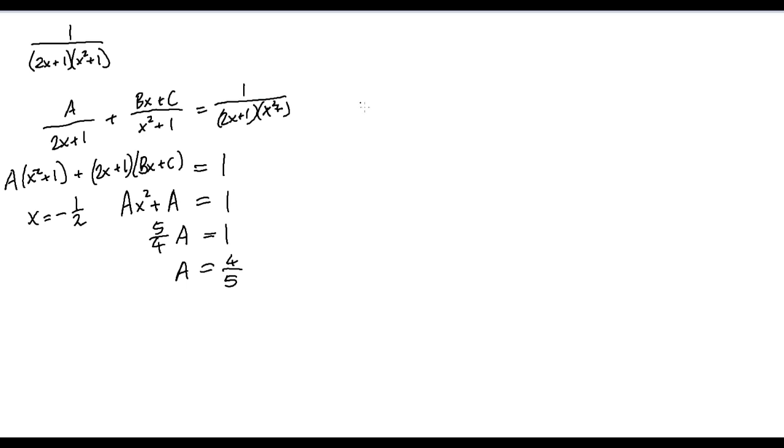Now we need to equate the coefficients because we can't do much with bx plus c, so we need to expand everything. So 4/5 times x squared plus 1, plus 2bx squared plus bx plus 2cx plus c equals 1.